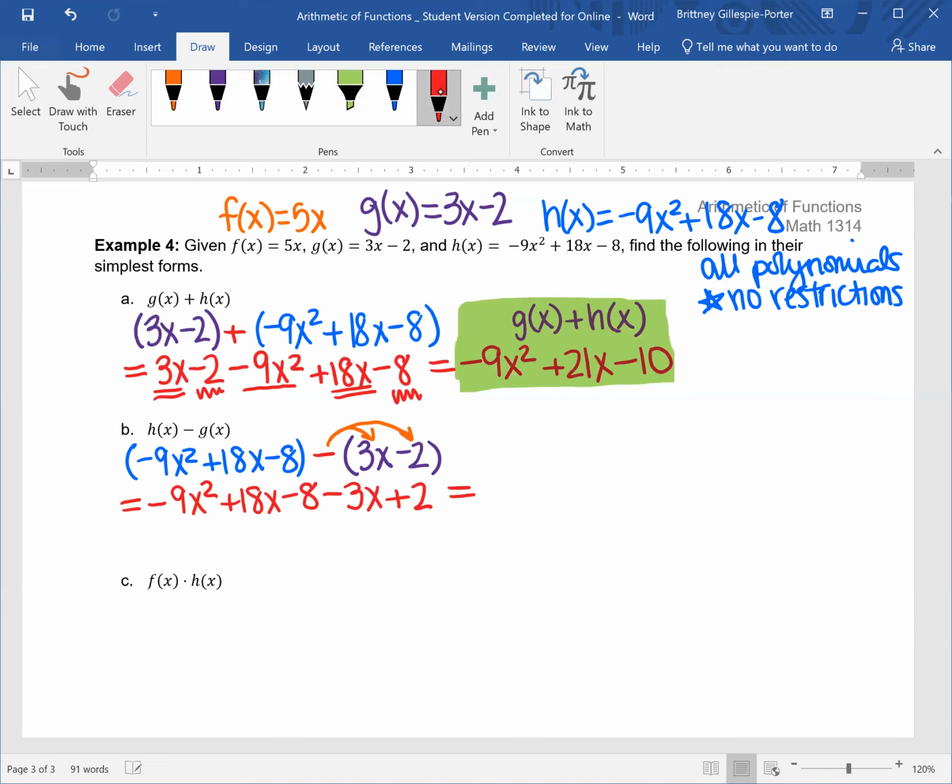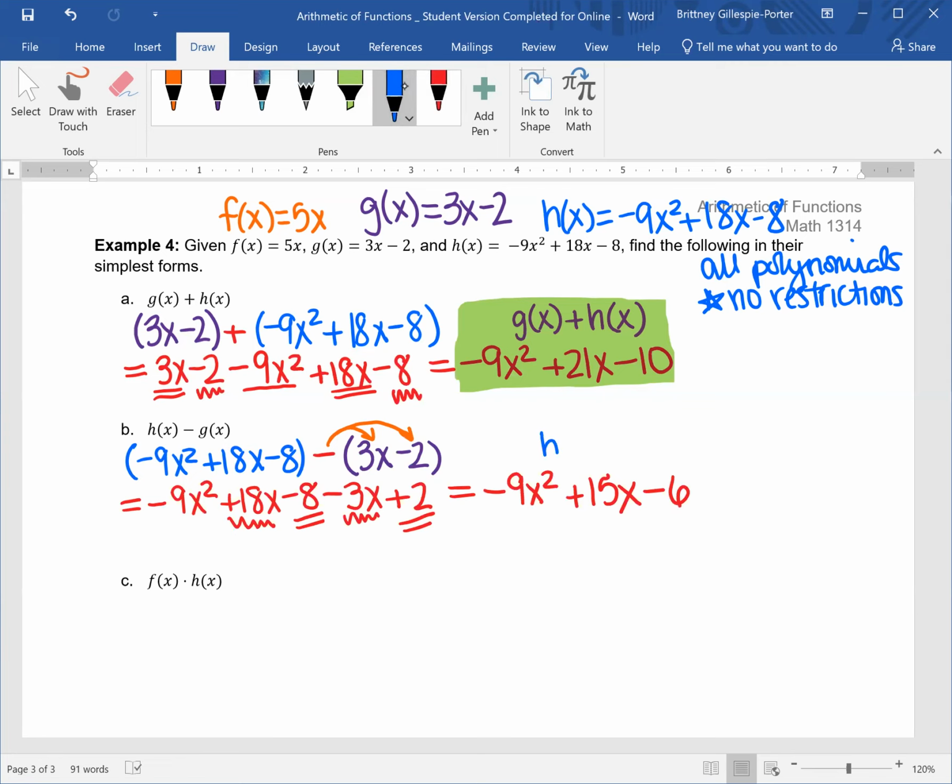And then I'm going to write my answer in descending order again. So my negative 9x squared comes out. I have 18x minus 3x, which gets me a positive 15x. Then I have negative 8 plus 2 to get negative 6.